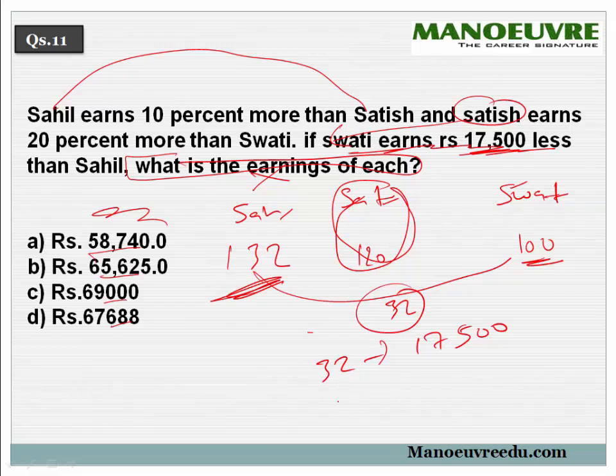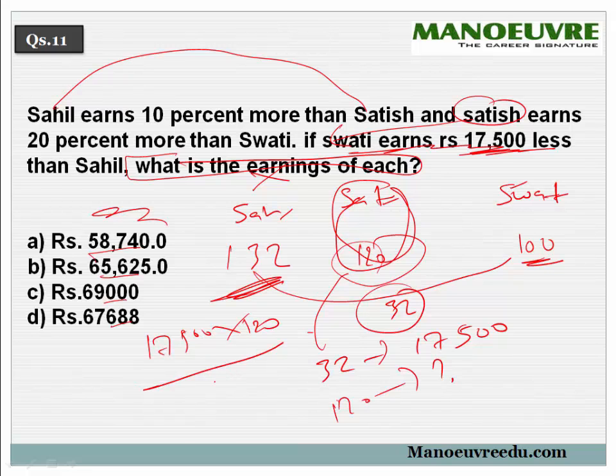Earning of each, it should be Satish, I guess, because two fellows are already there, then they must be asking about the third. So what is 120? Let's try this. 17,500 into 120 upon 32.